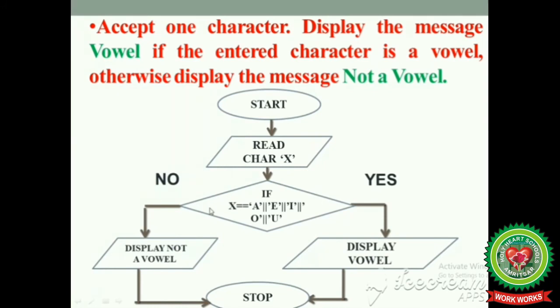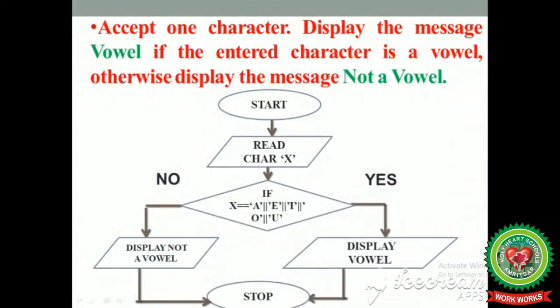Here, draw the decision box and then write the condition in it. The condition is if X equals A or E or I or O or U. Here, these two vertical lines represent the OR operator.